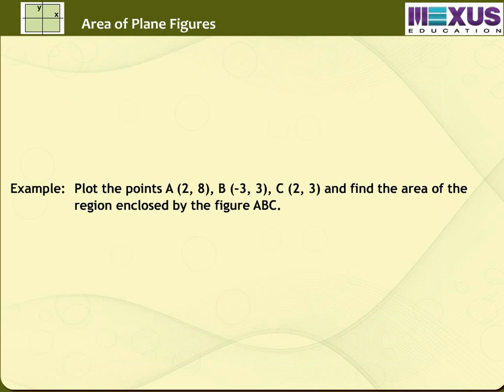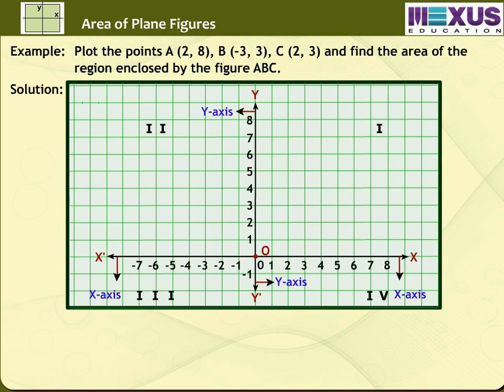Next, plot the points A (2, 8), B (-3, 3), C (2, 3) and find the area of the region enclosed by the figure ABC. Solution: draw the x-axis and y-axis with a suitable scale.